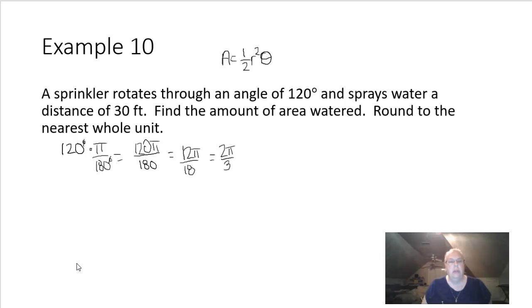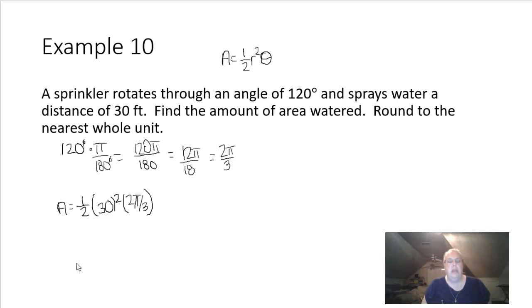All right, so it looks like the area is going to be 1/2 times 30 squared times 2 pi over 3.